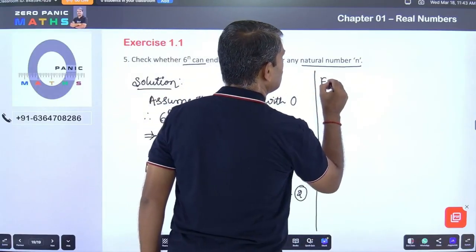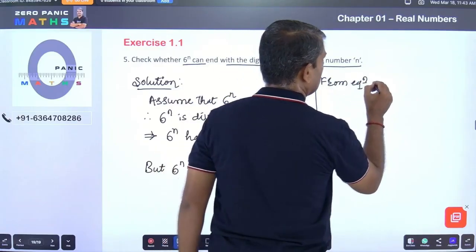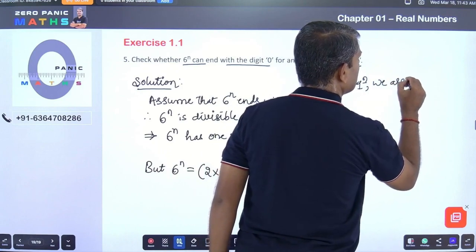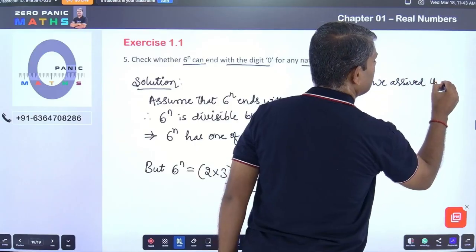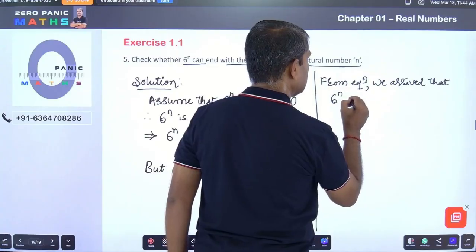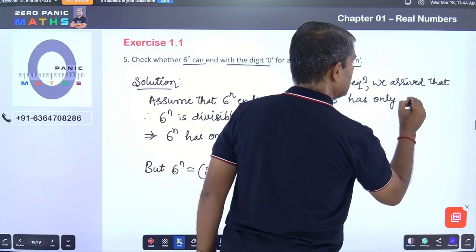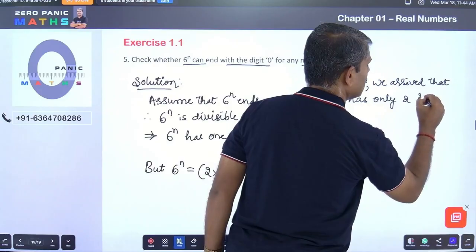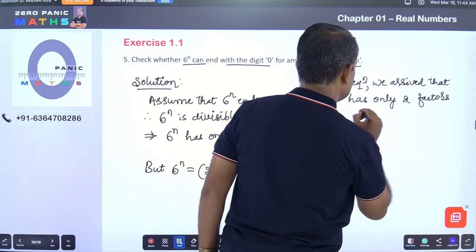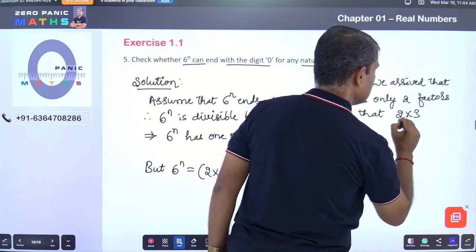So from equation 2, we arrived that 6 to the power of n has only two prime factors, that are 2 and 3.